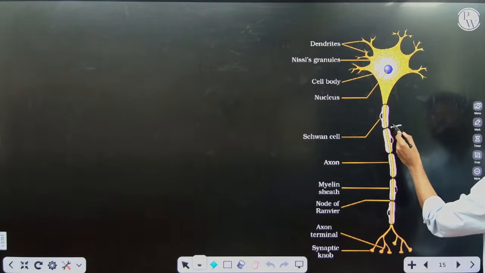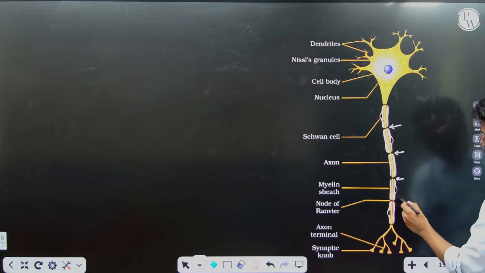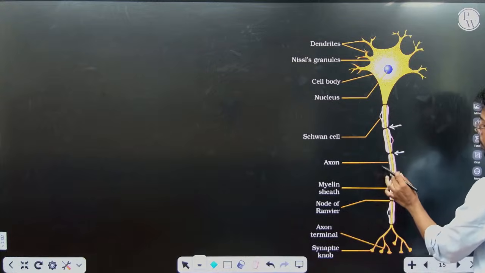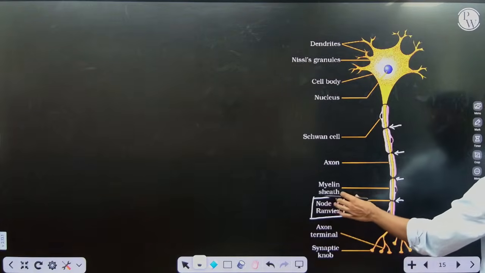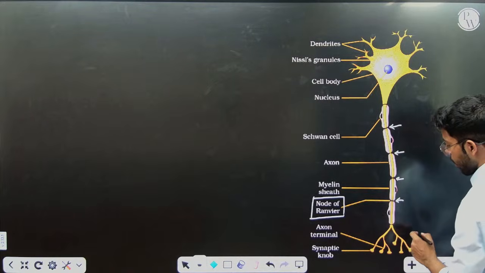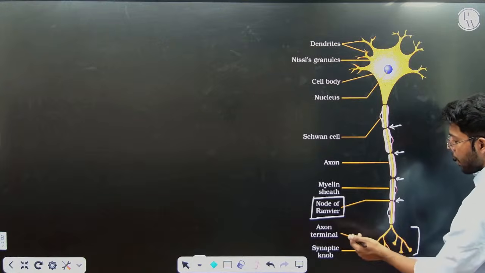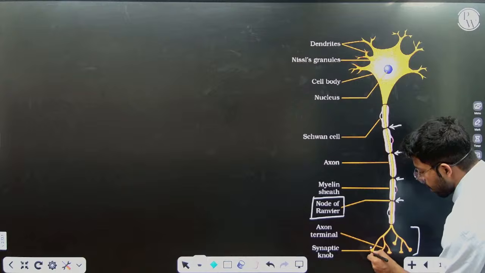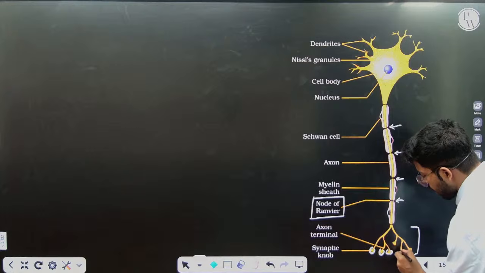The absence of this myelin sheath is the node of Ranvier. And the last part of the axon, the ending or distal part, is the axon terminal, which has the synaptic knob. This is a bulb-like structure, a round swelling.